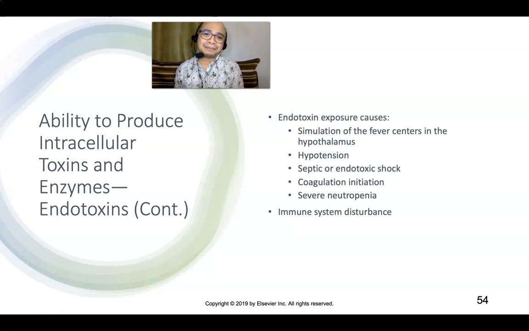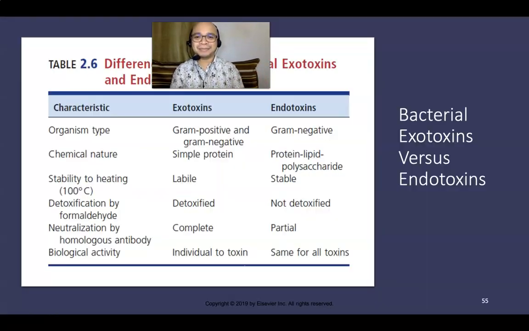This may be fatal, particularly if the DIC, or disseminated intravascular coagulation, happens in major blood vessels. Then there would also be severe neutropenia, wherein the neutrophil level would be significantly decreased. In other words, there is what you call immune system disturbance.